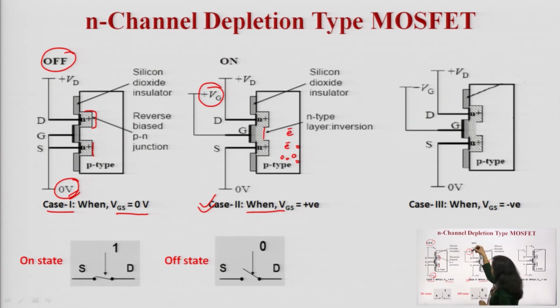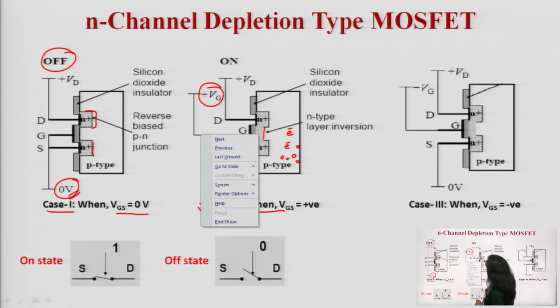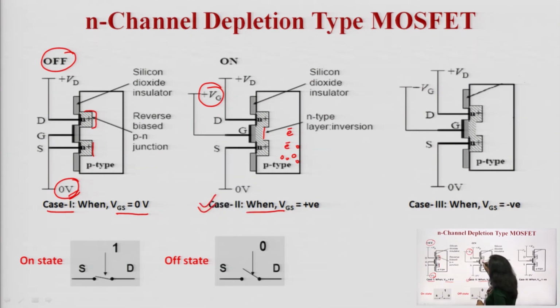But when positive potential, positive voltage is applied at gate, now what is going to happen? You can visualize, see, plus is being applied over here. Now, in this particular channel, electrons are the majority charge carriers, so they will be attracted towards the gate terminal.